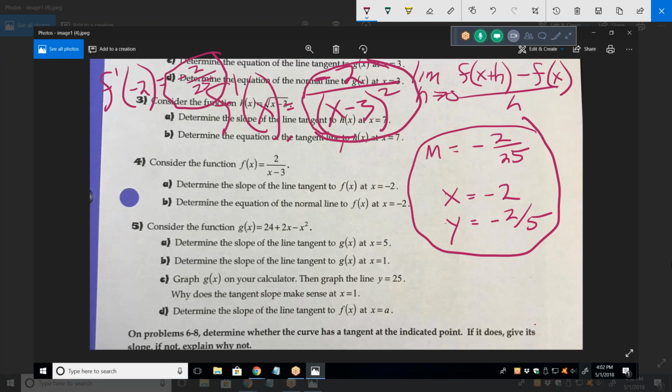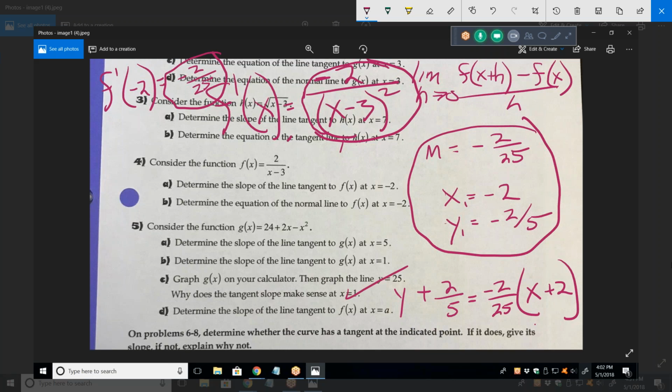So that's y minus a minus 2/5. So y plus 2/5 equals minus 2 over 25 times x minus minus 2, so x plus 2. That's the equation of the tangent line.